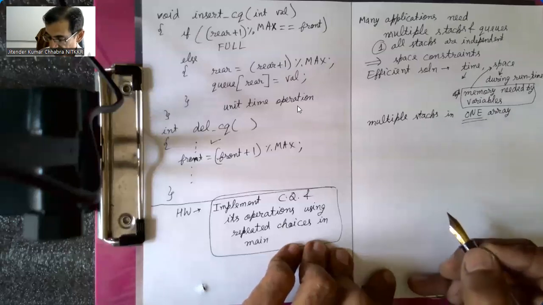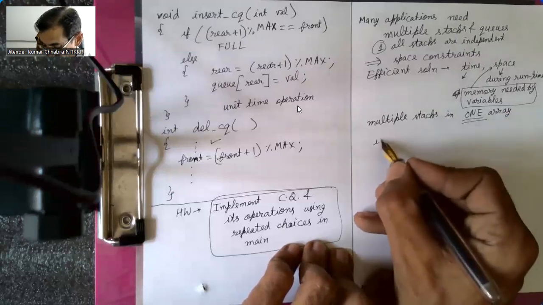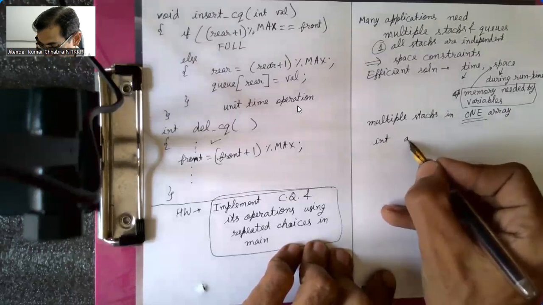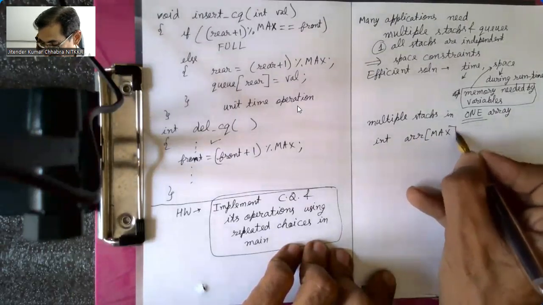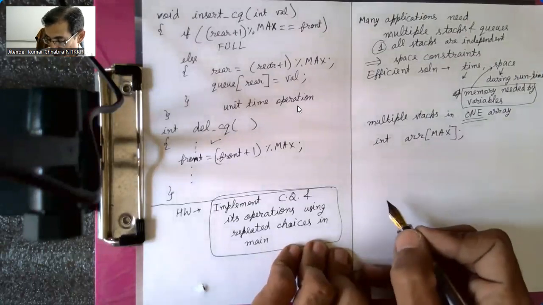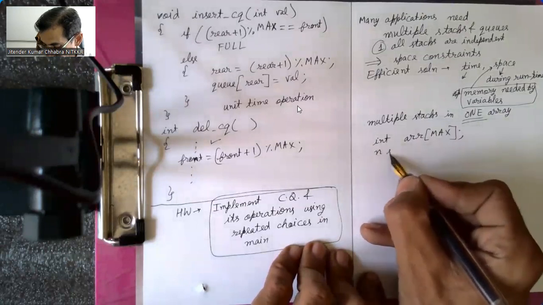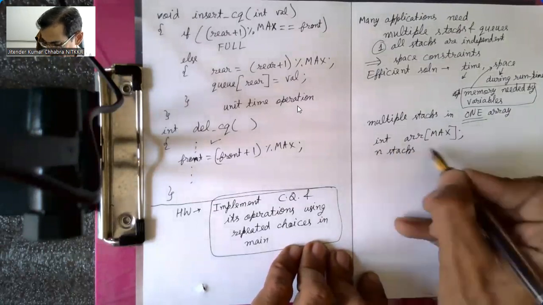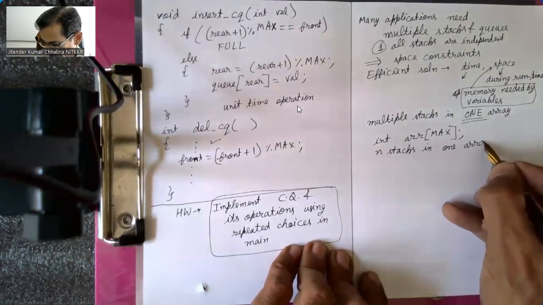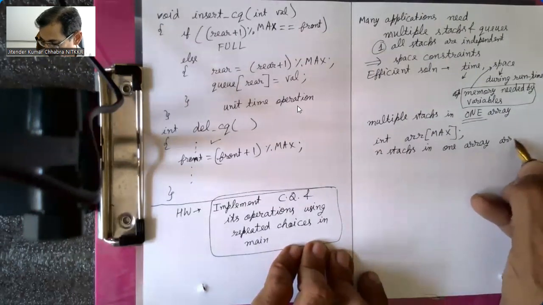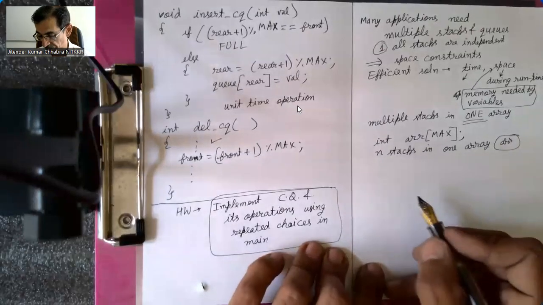So the constraint is, I'm already told that you have only one array. That means, say I am declaring int ARR[max]. Now, you have to give, let's say, n stacks in this. So ARR should be able to be utilized for n stacks. n could be 2, 3, 4.